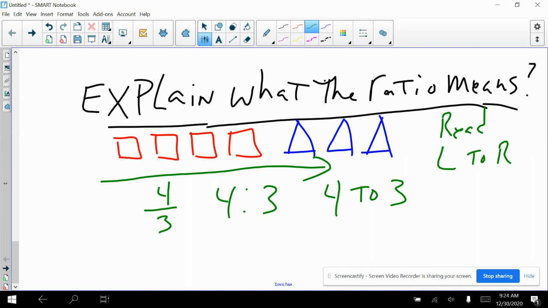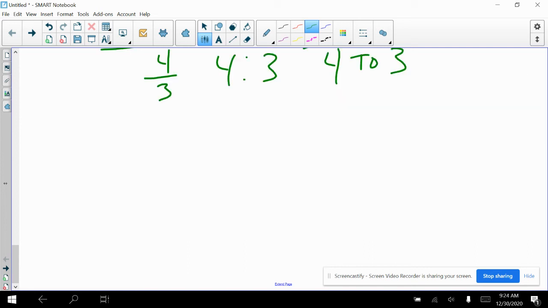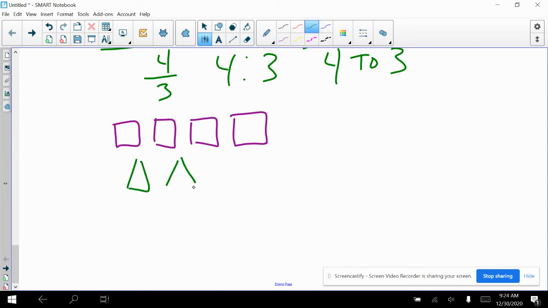Okay, if they were on top of one another, let me show you that example. So again, same 4 squares, and we would have the triangles down here. That's no different. If we were to draw a line there, again, how do you read a fraction? You read it from the numerator to the denominator.